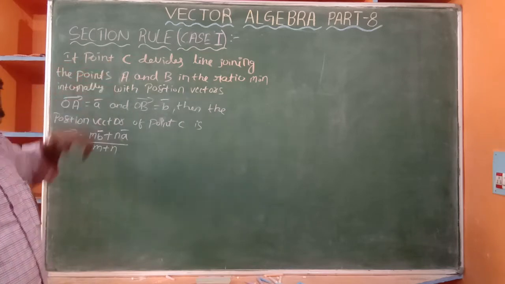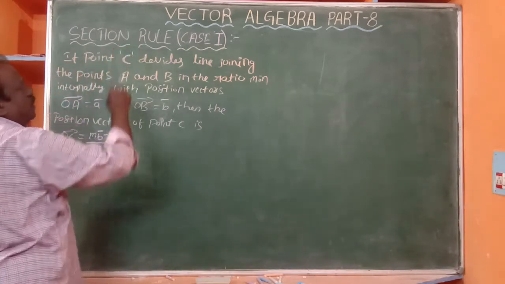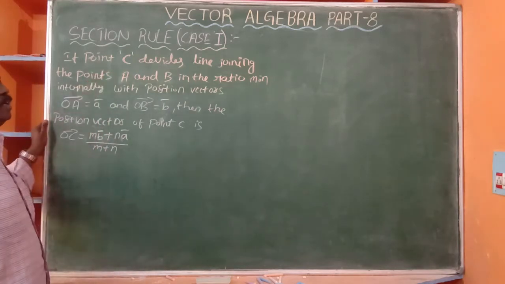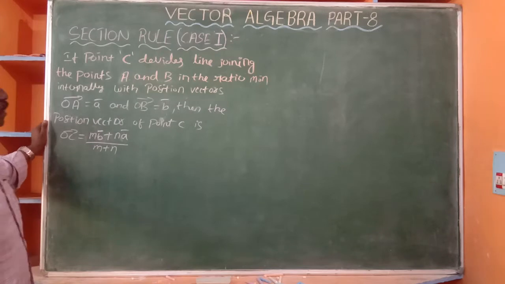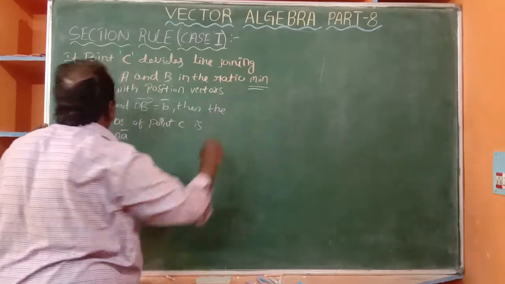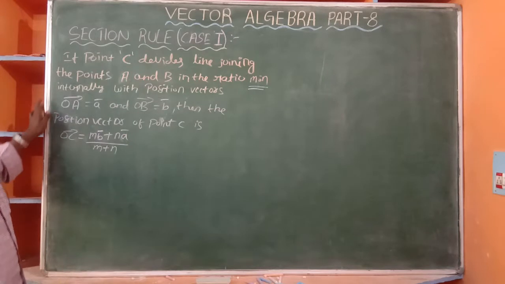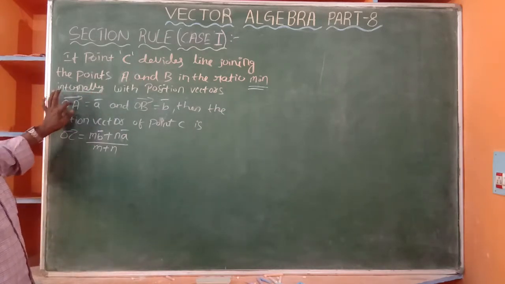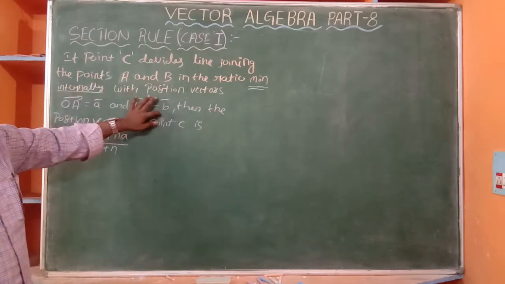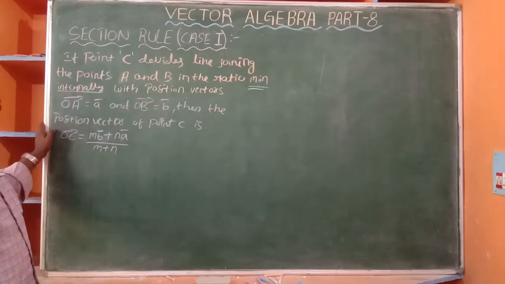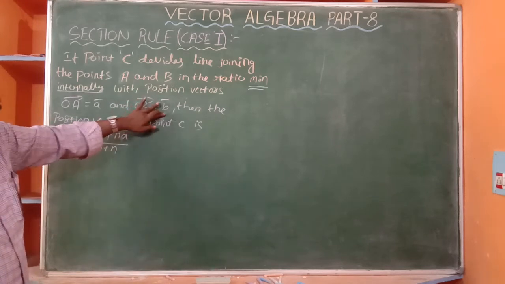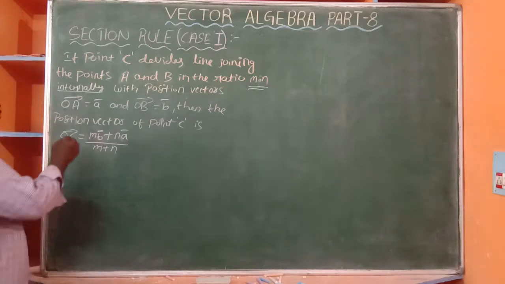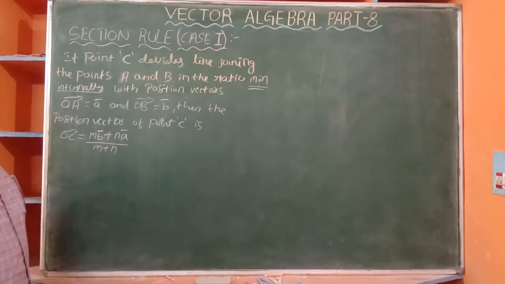If a point C divides the line joining the points A and B in the ratio m is to n internally, here it is internally, this is important, with the position vectors OA bar equal to a bar, OB bar equal to b bar, then the position vector of the point C is OC bar equal to (m b bar plus n a bar) by (m plus n).